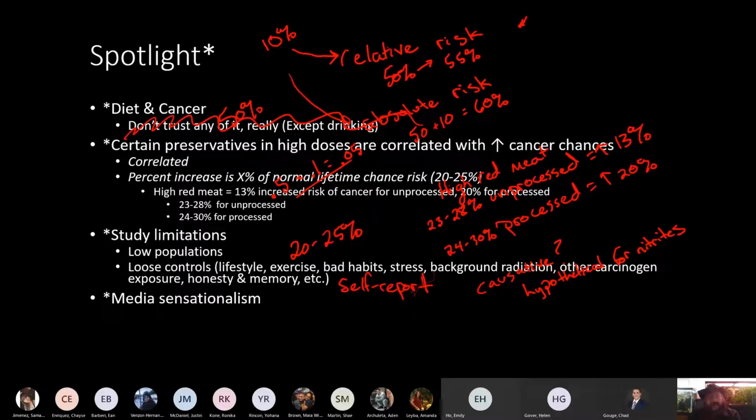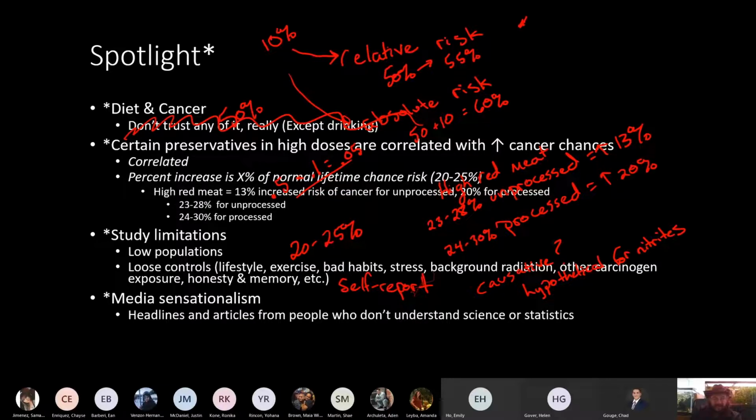One of those is going to get more clicks. And that's a problem because often the people on science reporting beats are not scientists, often with very little education in the sciences. So it's good to take a lot of these things with a grain of salt. Maybe read the article to get an idea of the methodology.